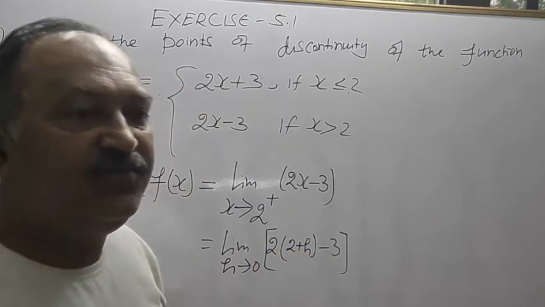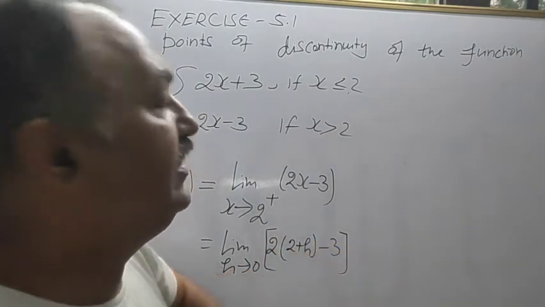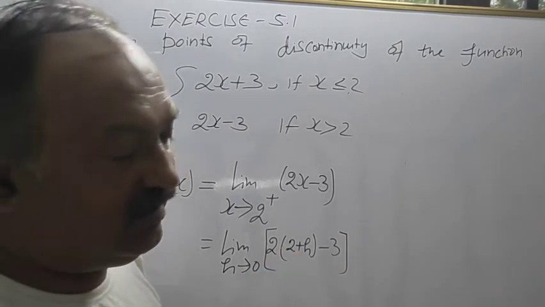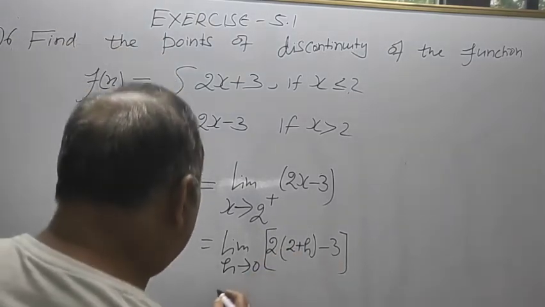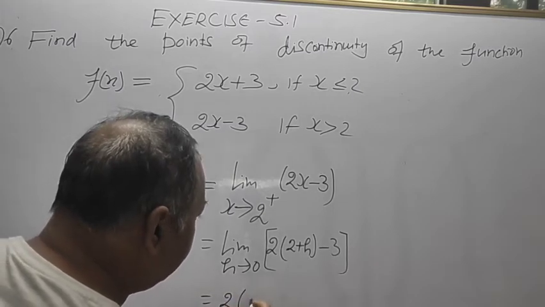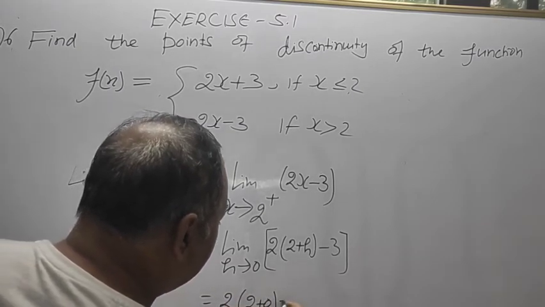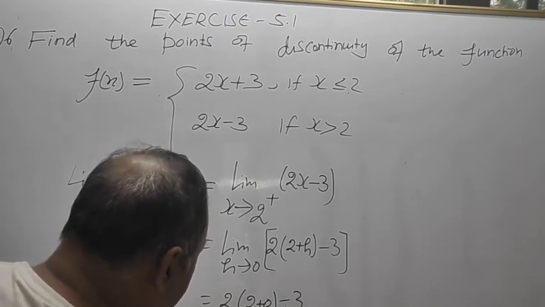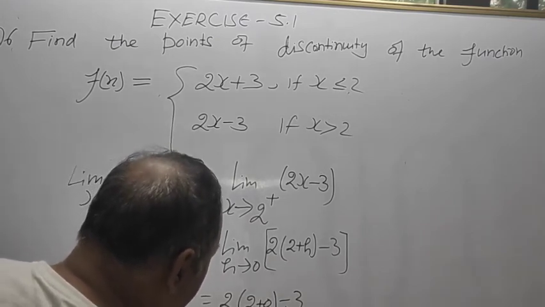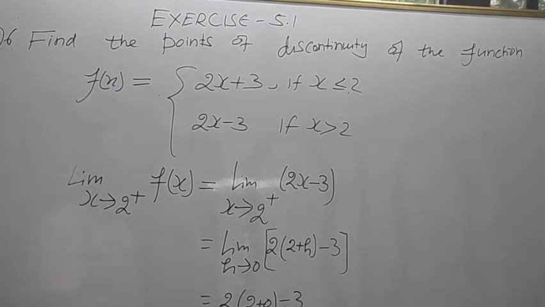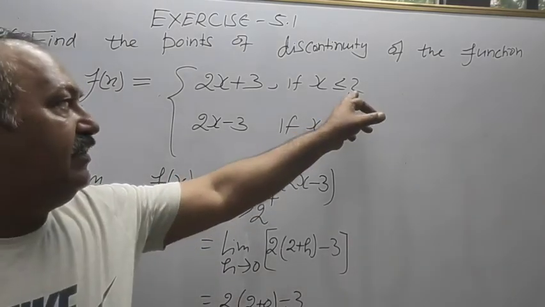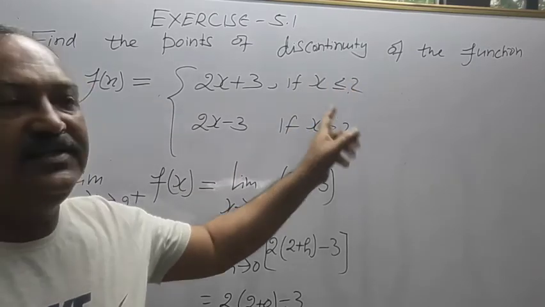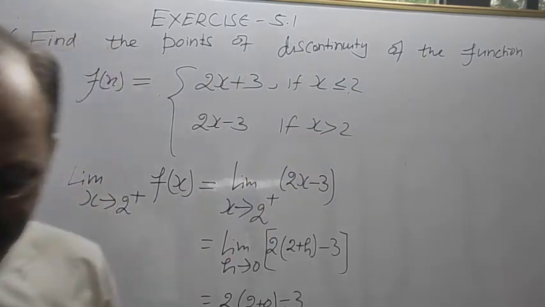Now you can put the value of h here. Applying the limit, we get 2 into 2 plus 0 minus 3, that is 4 minus 3, that is equal to 1. So this is the value of right limit at the end point 2 of this function.